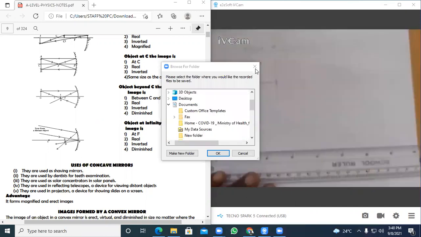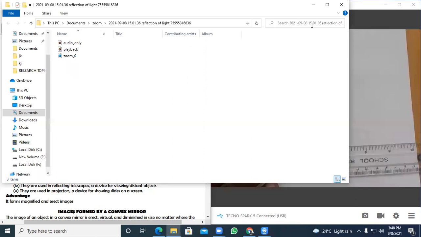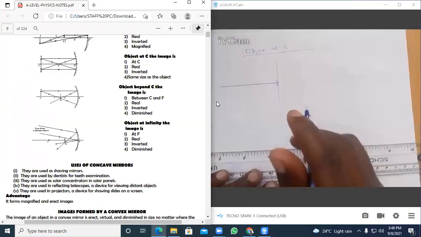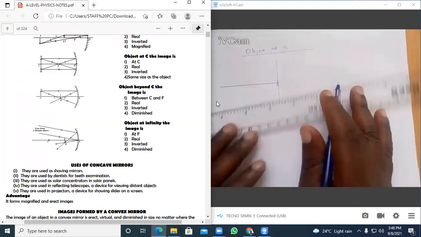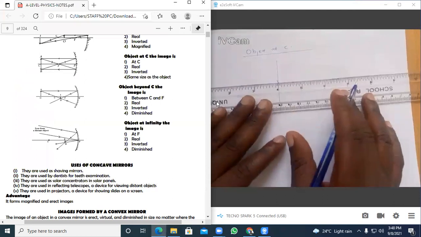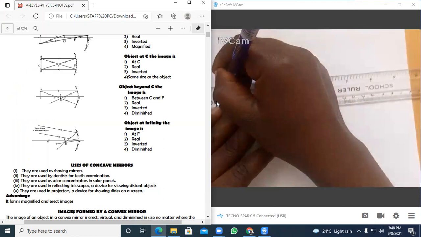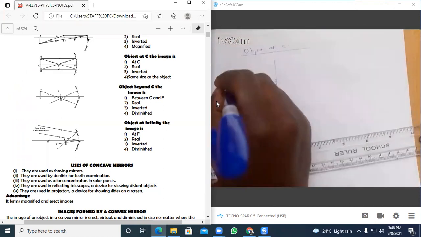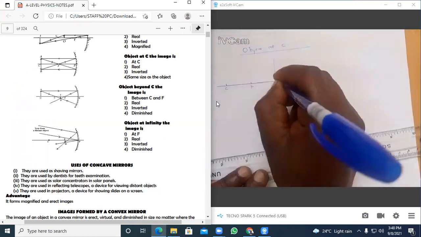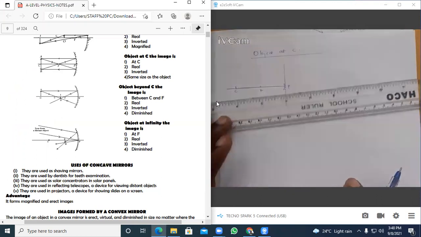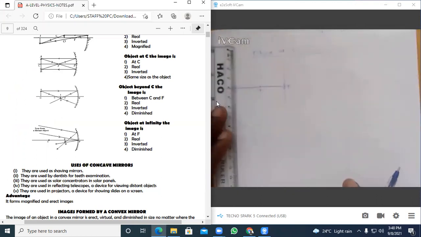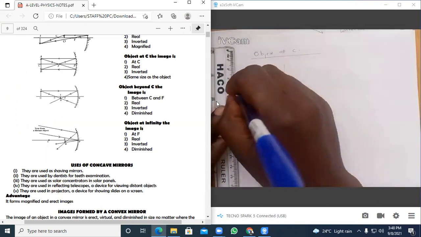That's the mirror. Then we shall put our points, our good points. The first one is the principal focus. The second one is the center of curvature. So we shall draw the image, the object, and put it at C.